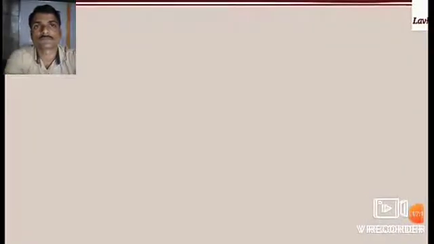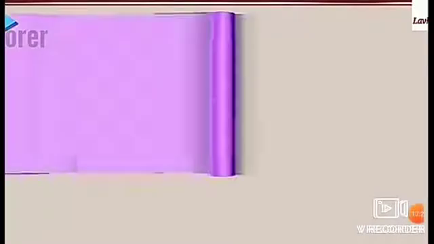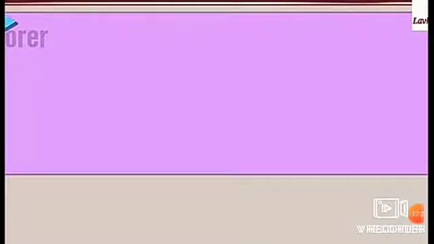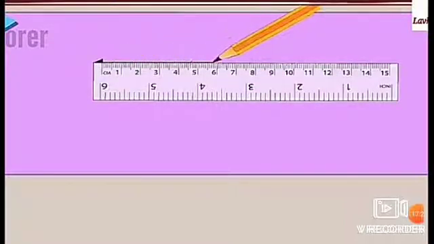Activity. Let us do an activity to verify the properties of angles formed by a transversal of two parallel lines. Take a piece of thick colored paper. Draw a pair of parallel lines and a transversal on it.